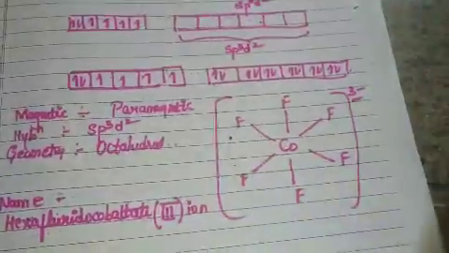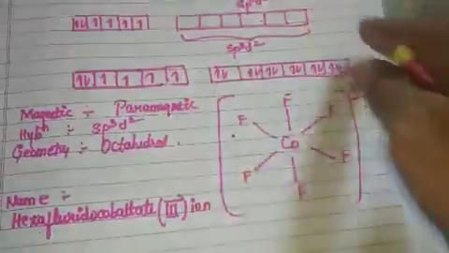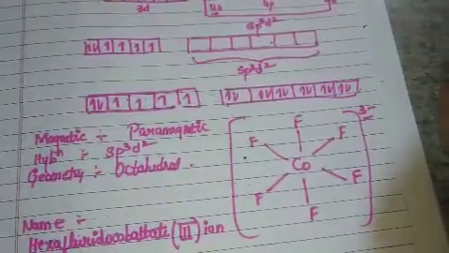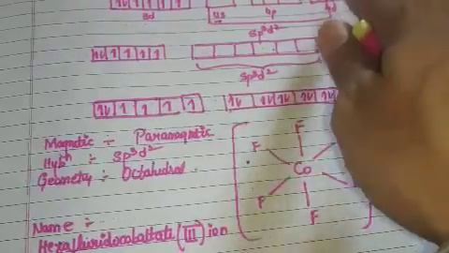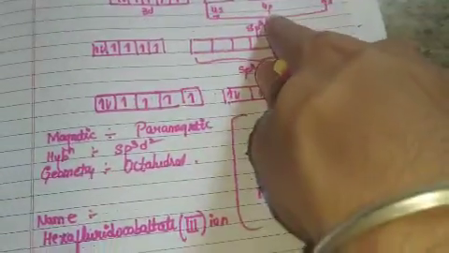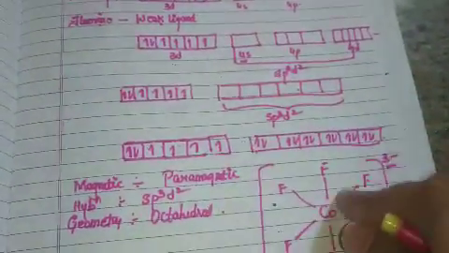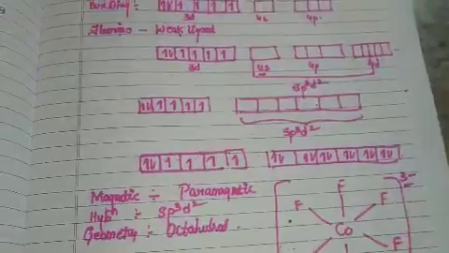Why is it called an outer orbital complex? Because it is using the d orbital which is outside. That is, it is using nd, ns and np, whereas in [Co(NH3)6]3+ it was using (n minus 1)d, ns and np. Able to understand the difference?